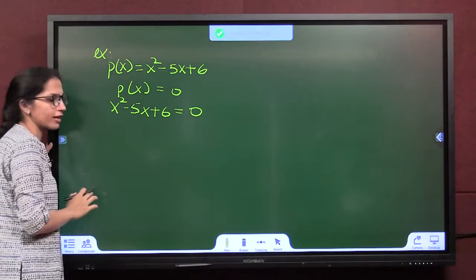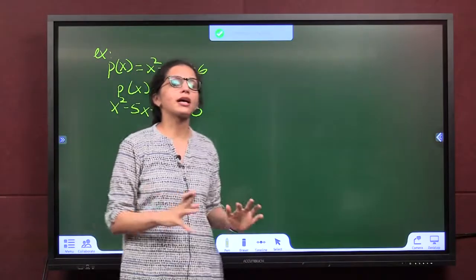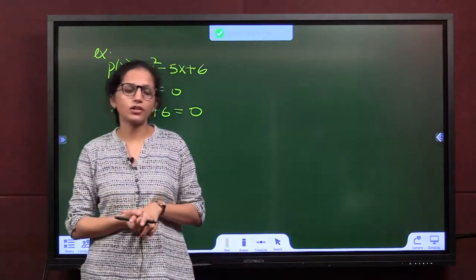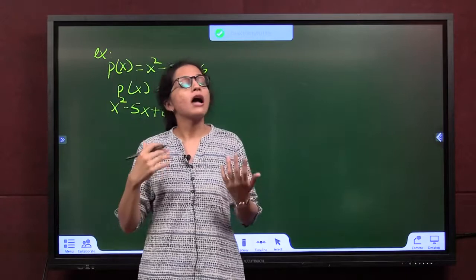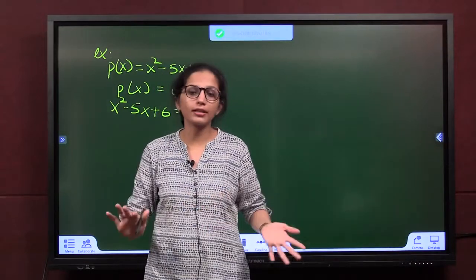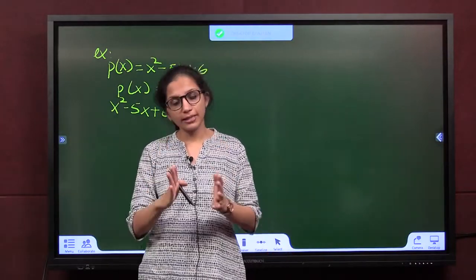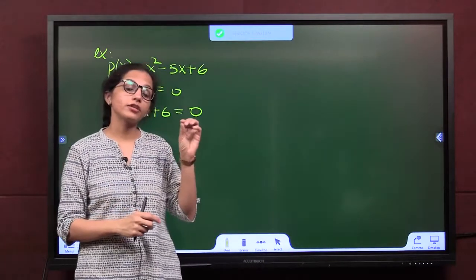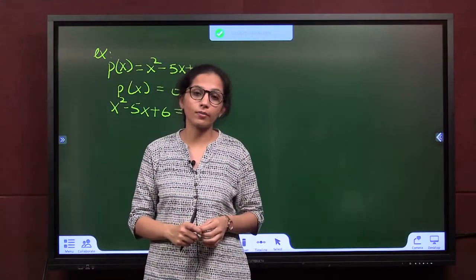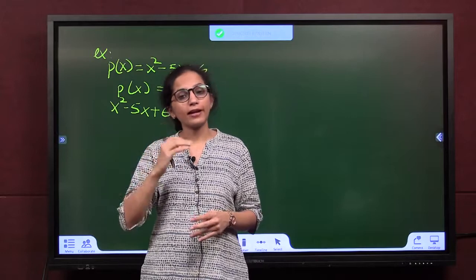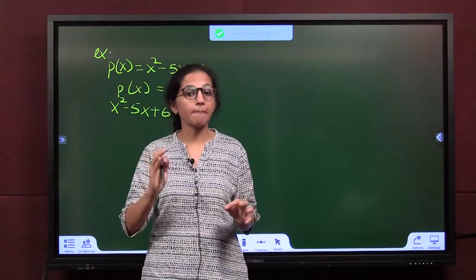How do we solve this? Solve for x. You've learned factorization in your lower classes. So I'm not going to repeat factorization here, but I'm sure a few of you will have doubts in factorization and not understand how to factorize. Please understand that in the chapter that says quadratic equations, I have done factorization in detail, step by step.